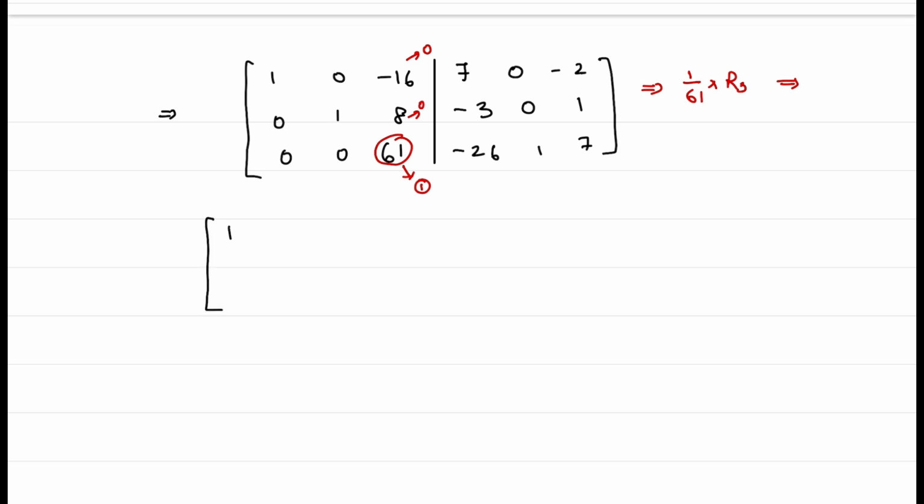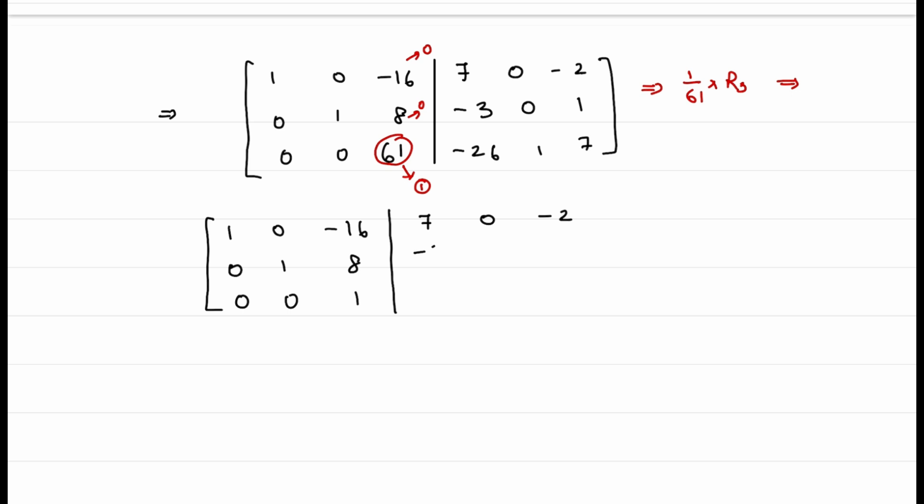Augmented matrix will be 1, 0, minus 16. We are not operating anything on first and second. This will be like this only. This will become 1. 61 by 1 is 1. And here I am not doing anything for first row.